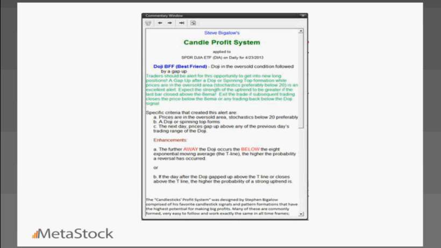So, for example, an enhancement is if it's far away from the Doji line or below the T line, in that case we'd want to give it more credence, and it helps us in weighing and analyzing that. All this happens automatically and dynamically. Basically, the whole idea is we wanted to provide you a really good way to find Steve's patterns in the market, because they're not really that terribly frequent, and give you the ability to just look at the stocks that exhibit the patterns you're interested in.